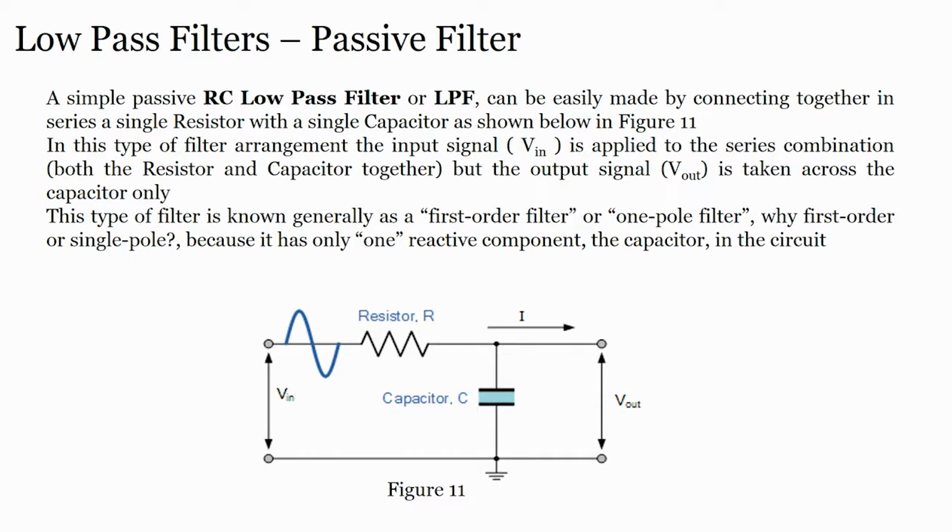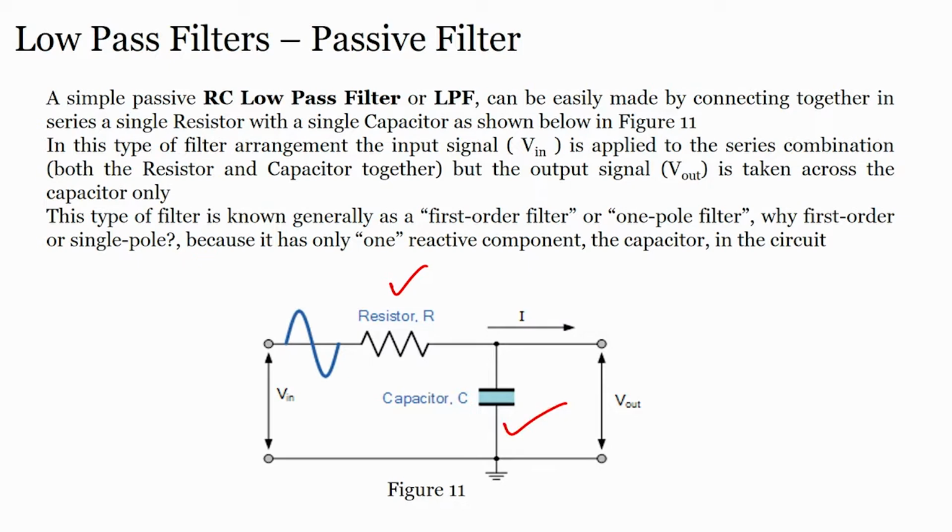I am just showing that if it is a passive filter, we are using R and C, right. That is why we have the circuit in this particular configuration. We will see why this configuration is used, which is your resistor and then you have a capacitor, alright.